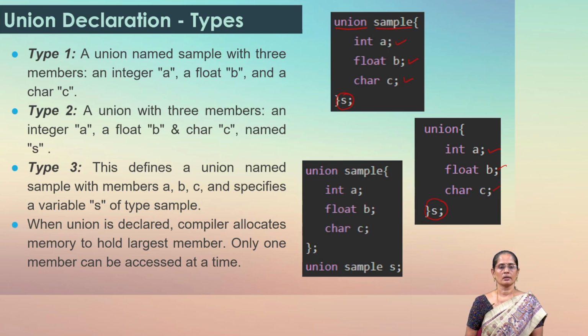The third category is defining the union named sample with 3 members, and we can also define the union variable separately by giving a single declaration statement. Here we can see this is the union declaration and this is the union variable declaration.